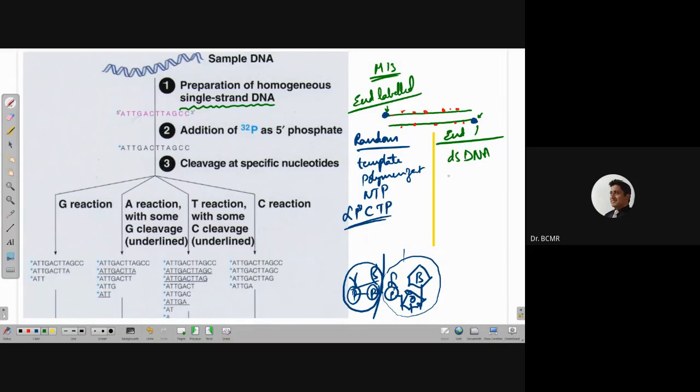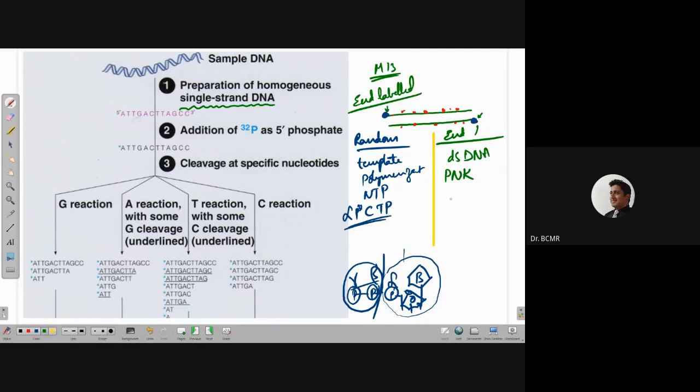Can anybody recollect which enzyme should be used? What is that? PNK, polynucleotide kinase.